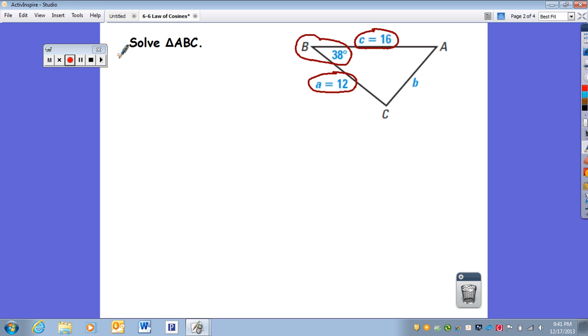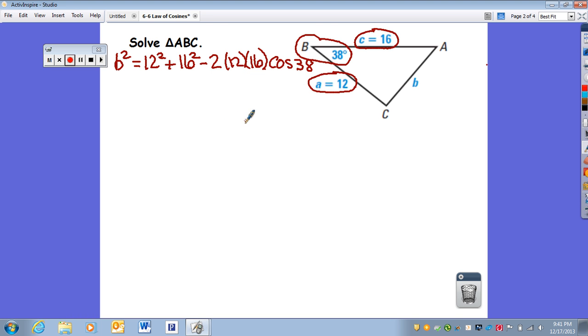Since we're looking for side B, we have b squared is equal to a squared, which a is 12, so we have 12 squared, plus c squared, which is 16 squared, minus 2 times both of those sides, 12 and 16, times the cosine of 38 degrees, which is our inclusive angle.